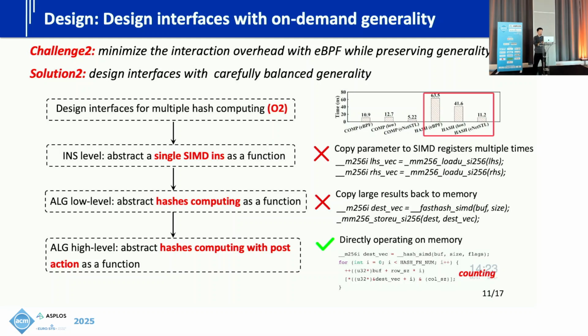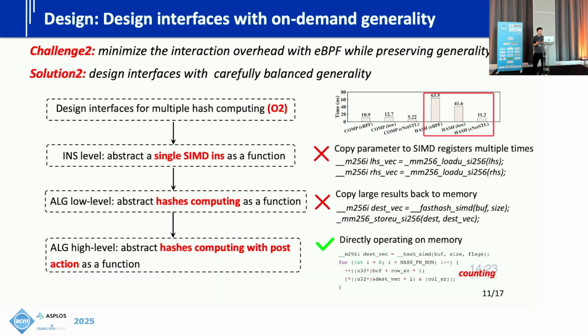We take one algorithm in eNetSTL as an example, and this algorithm is designed for supporting multiple hash computing. To enable that, the most general way is to design the APIs at the instruction level, which we abstract as a single SIMD instruction as a single function, and we build the multiple hash computing by calling such APIs multiple times.